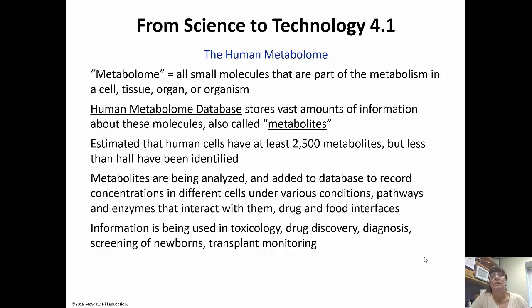The information is being used in toxicology to try to figure out how people process drugs and discovering new drugs even. And then, of course, diagnosing people, screening newborns, and transplant monitoring, which is a very important thing because transplants are so high risk anyway, and there's such a chance for rejection that we have to be very careful.